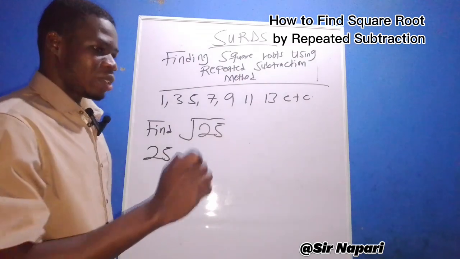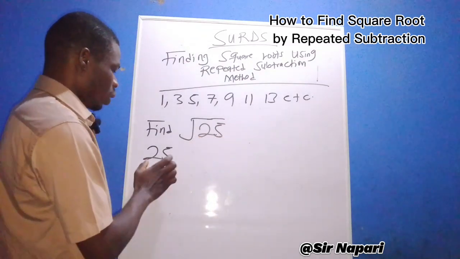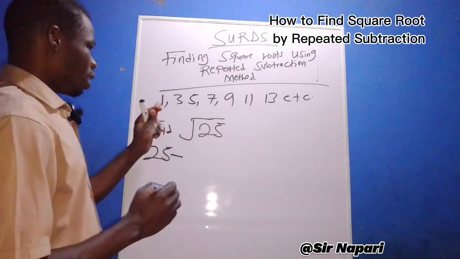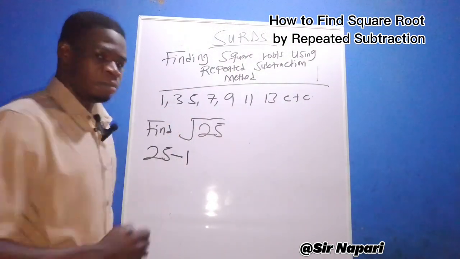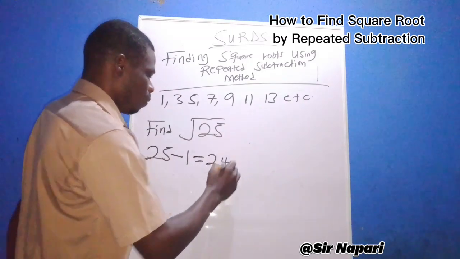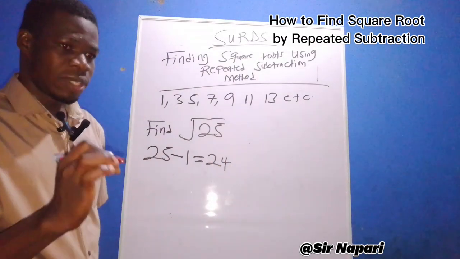So the first step is to take the number in the root, 25, minus our first odd number, which is 1. The answer is 24. That is the first step.